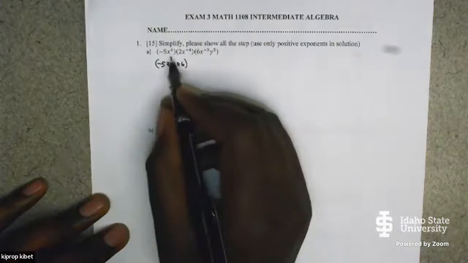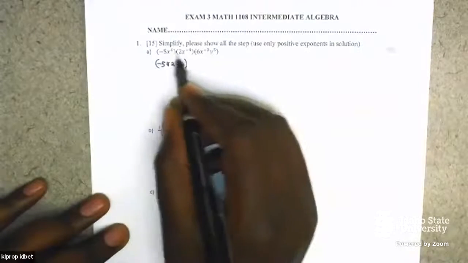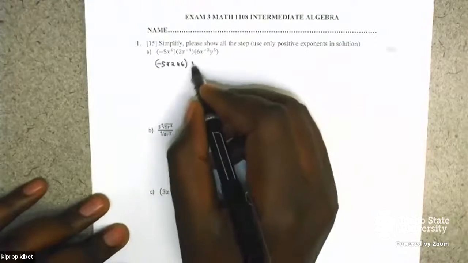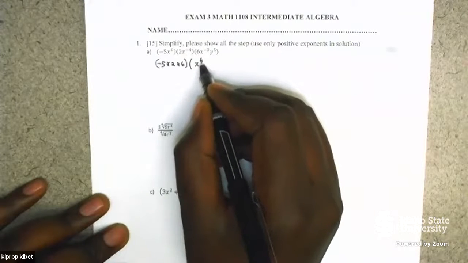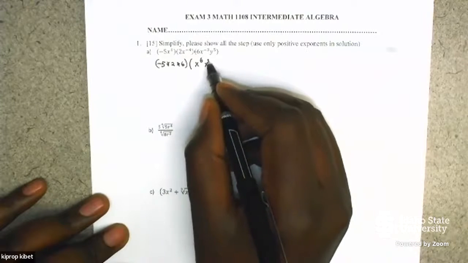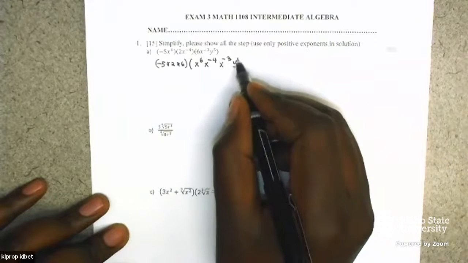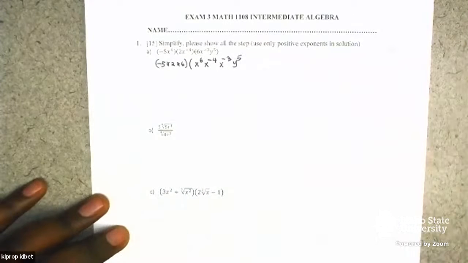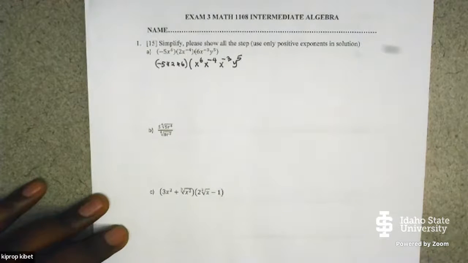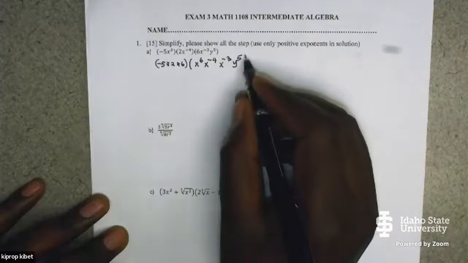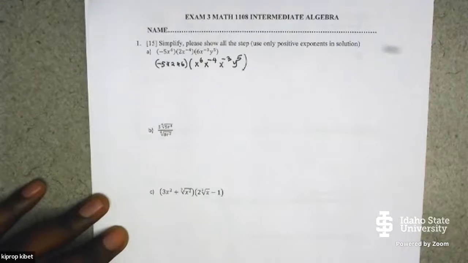And then now multiply these variables here, which are what? x raised to 6, x raised to -4, x raised to -3, y raised to 5. And then you use the properties that we did.